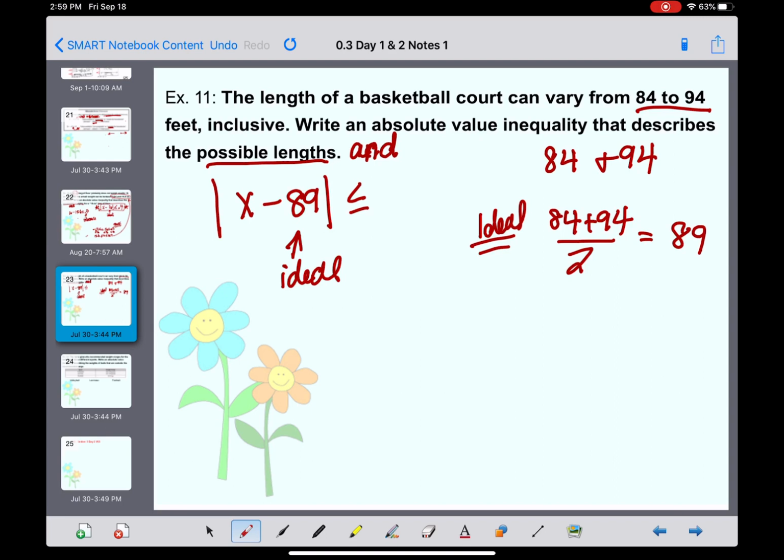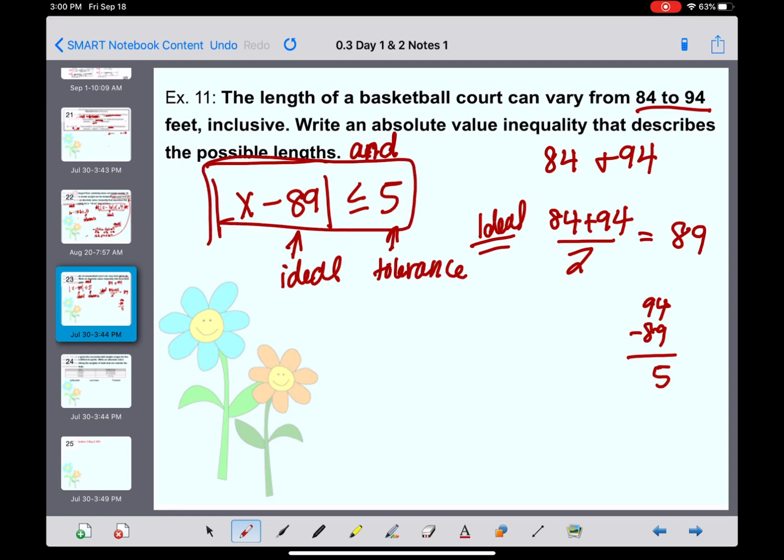So 89 is the middle, and then I need to see how much above and below it can vary. So I just take 94 minus 89. That's 5. So my tolerance is 5. So this is my answer. Okay? Because I can be above or below the 89 by 5 feet.